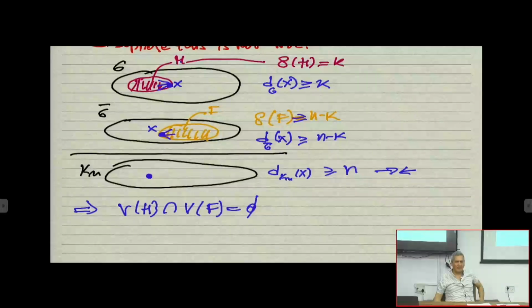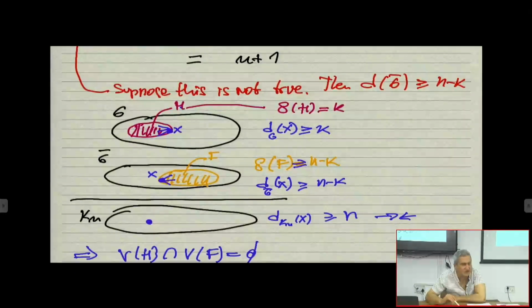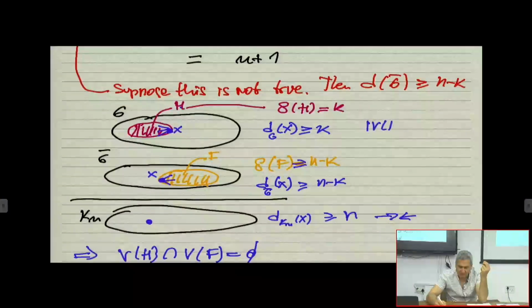Now can you give me some bound on the number of vertices in H? If the graph is k-degenerate, what is the number of vertices? At least k plus 1. Exactly. Then the order of H is at least k plus 1.